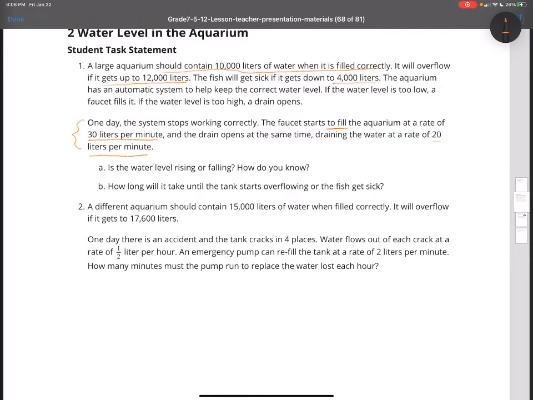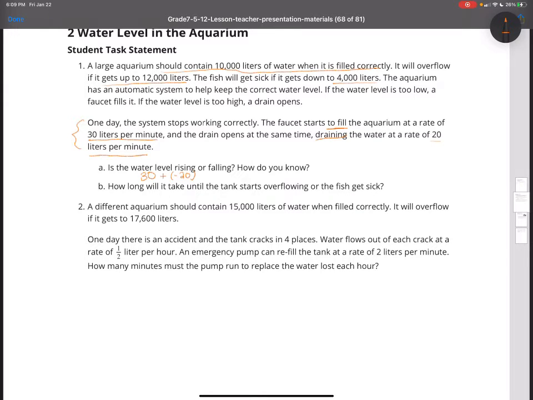If you guess positive, you are absolutely correct. 30 would be positive because we're adding more water to the aquarium. For the second rate, it says draining. Do you think draining would be positive or negative? If you guess negative, you are absolutely correct.